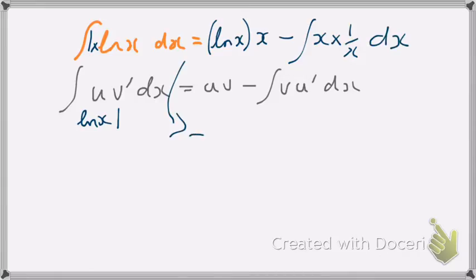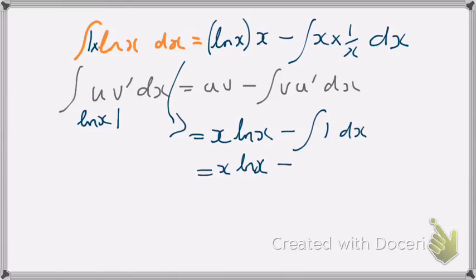And I'll just move down to here. So then I get x log x minus the integral of 1. And so that's x log x minus x plus a constant.